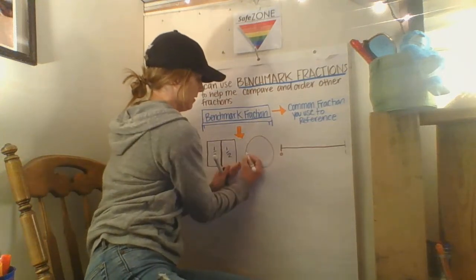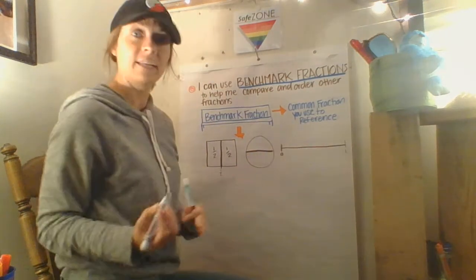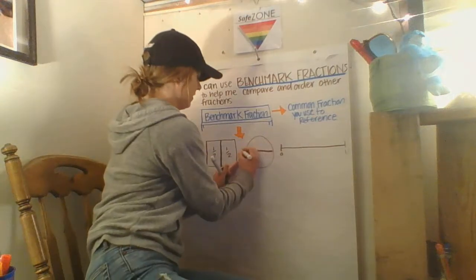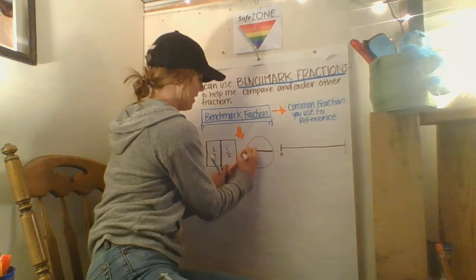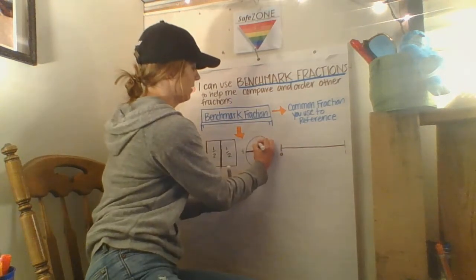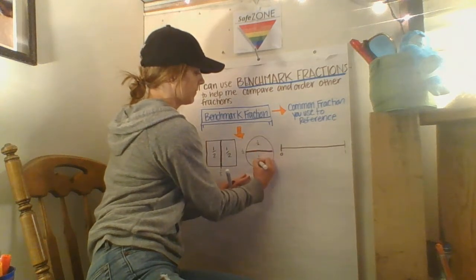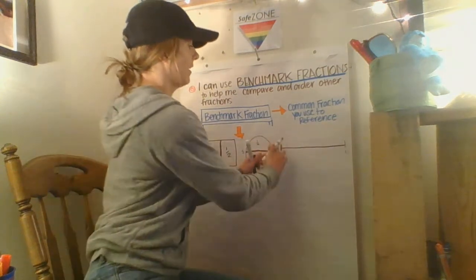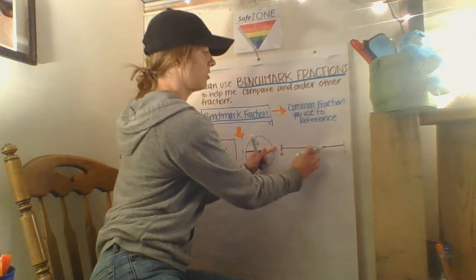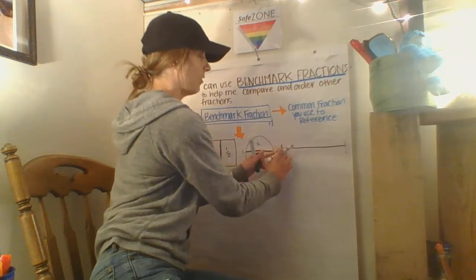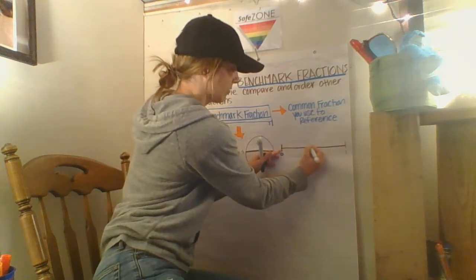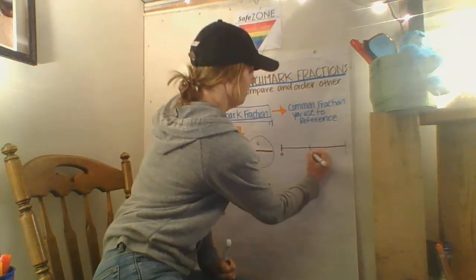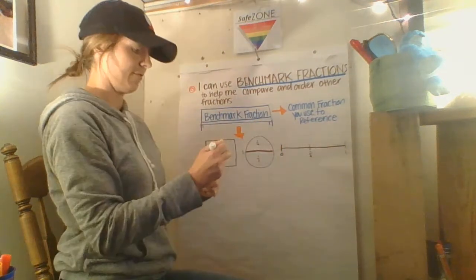I might draw my line in my circle here. This is 1/2, or each is 1/2. And then I can imagine going from 0 to 1. Halfway in between 0 and 1 is right about here as 1/2.